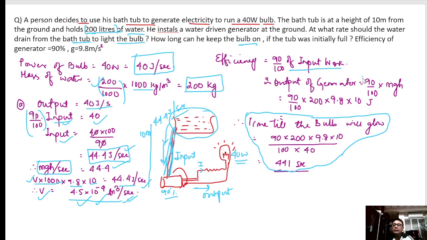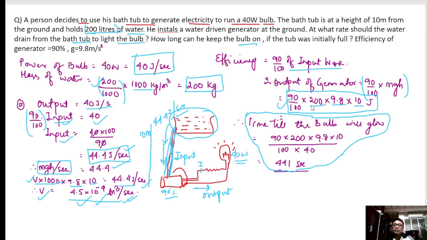Okay, so 90% of the mgh, so 90% of m into g into h. This was the total output energy the bathtub can give us due to the 200 kg of water.